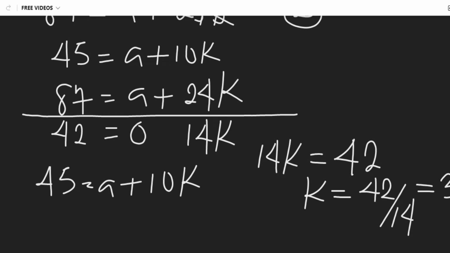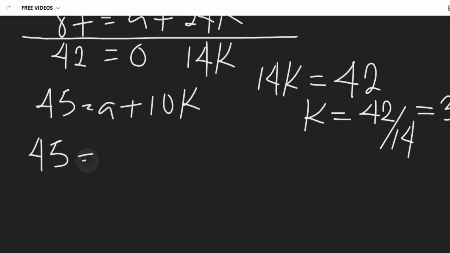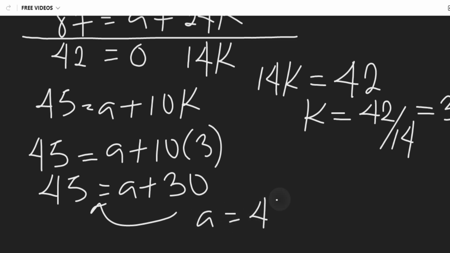We substitute k equal to 3, so we have 45 equal to a plus 10 multiplied by 3. This will give us 45 equal to a plus 30. If this comes over here, we have a equal to 45 minus 30, and then our a will be equal to 15.